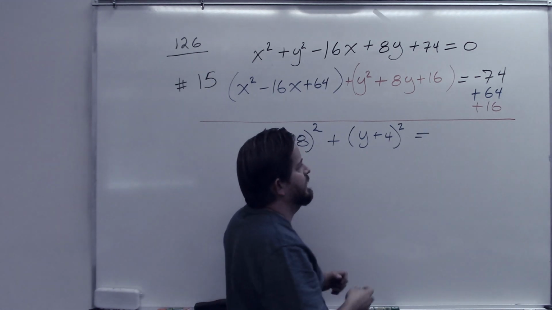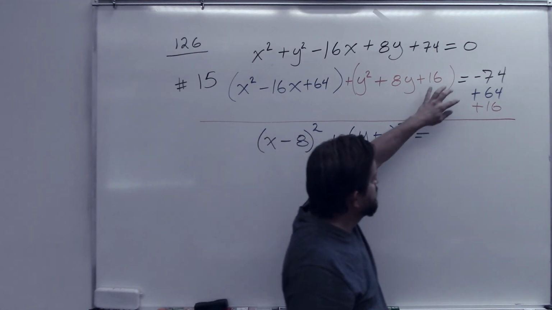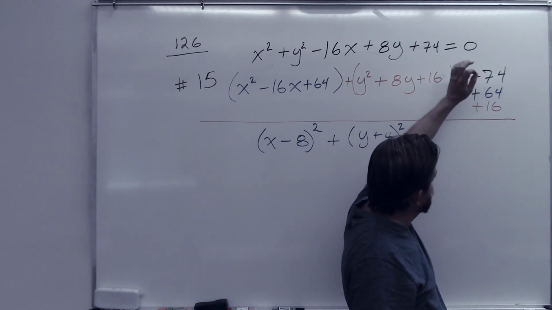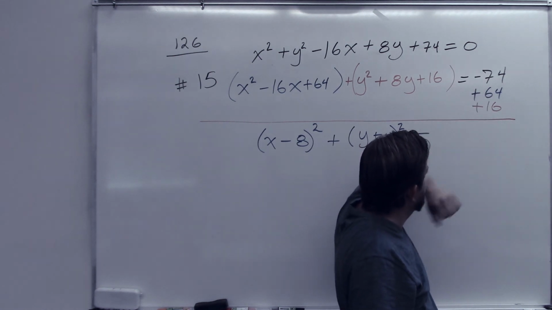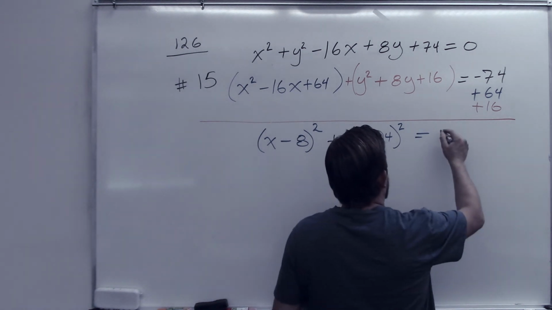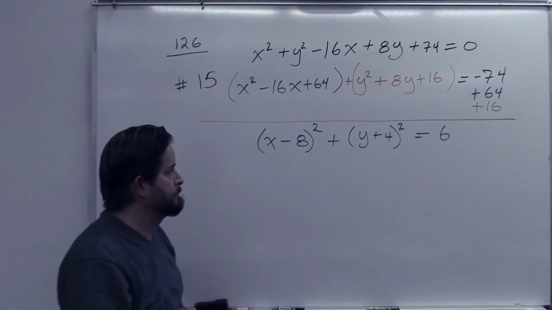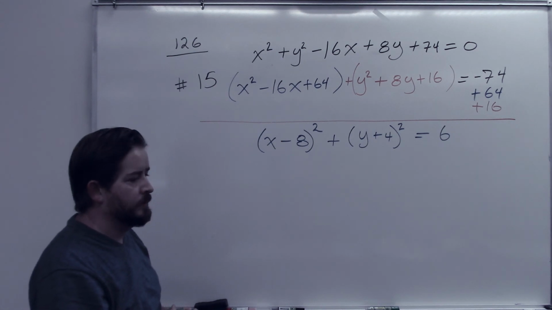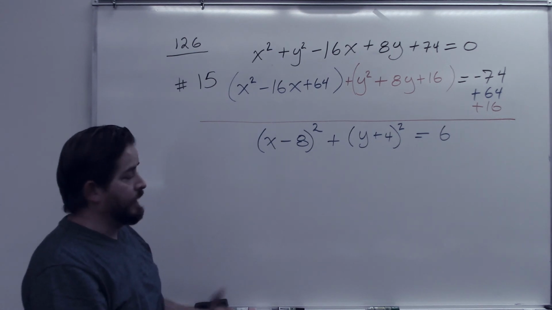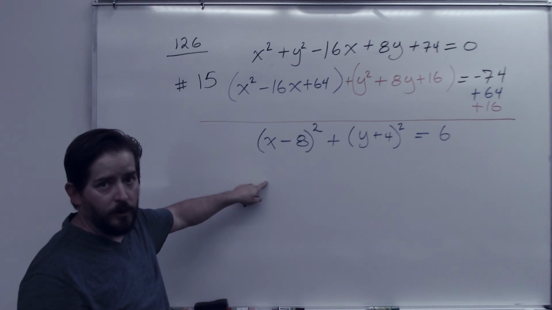And on the right-hand side, I just have to add all of this up. Minus 74 plus 64 is negative 10, plus 16 is 6. And I have it. It's in the form that I want it.